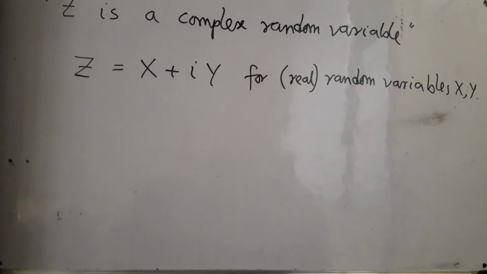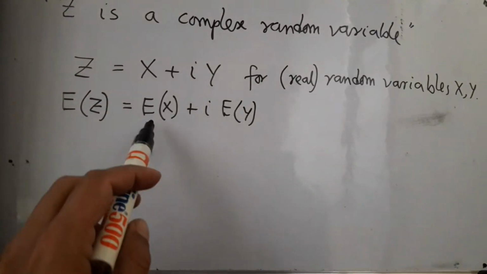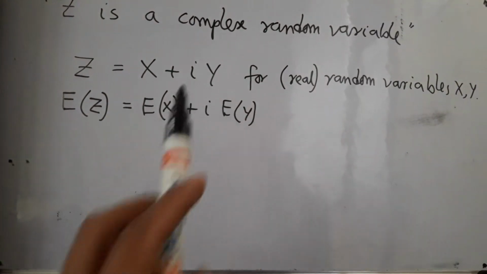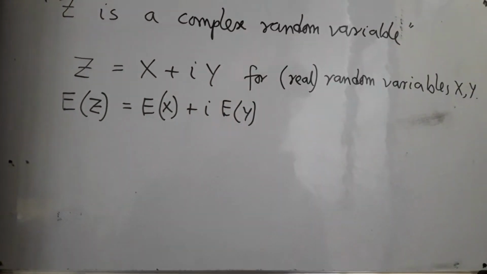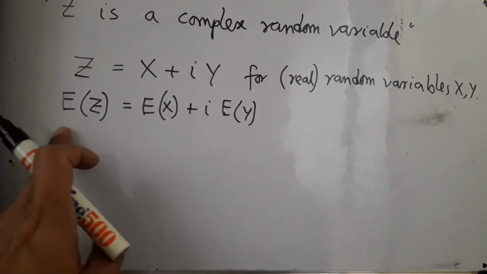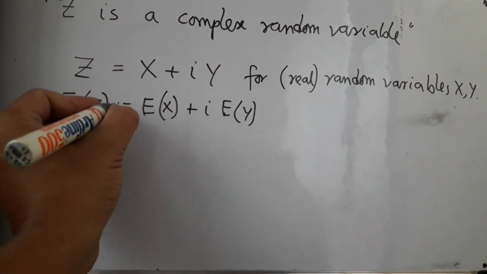Now when I say I want to take expectation of z, what do I mean? I mean expectation of x plus i times expectation of y. So i, being a constant, is naturally outside the expectation. Remember, this is not a theorem, this is very natural, but this is what we take as the definition.